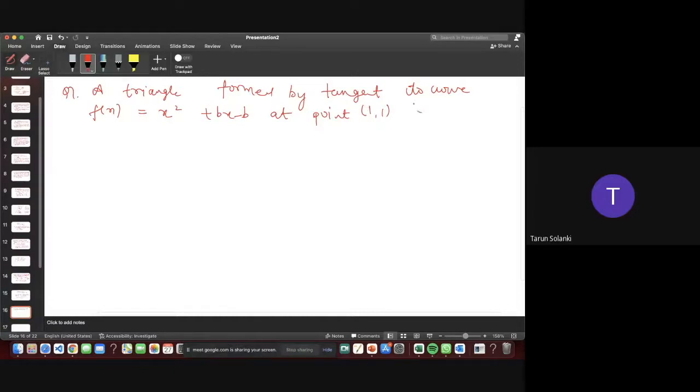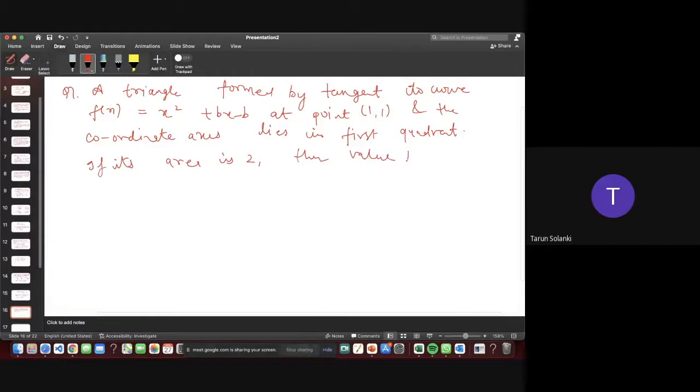Okay, and the coordinate axis lies in the first quadrant. Okay, so if its area is 2, then the value of b is, options are -1, 3, -3, and 1.